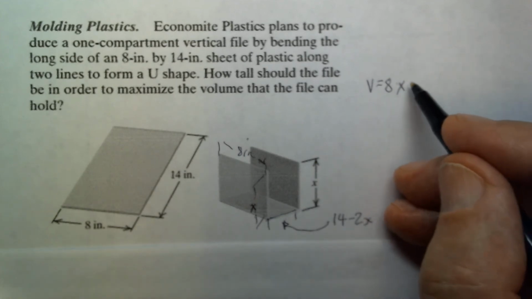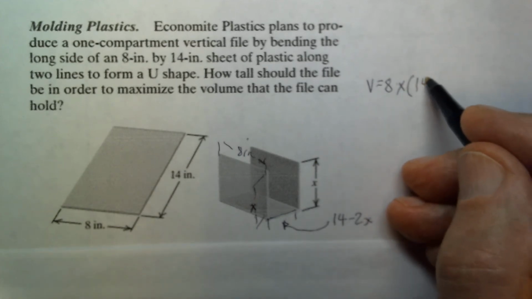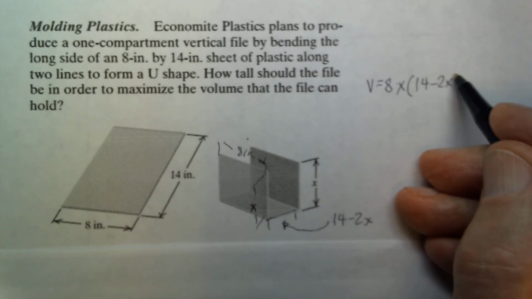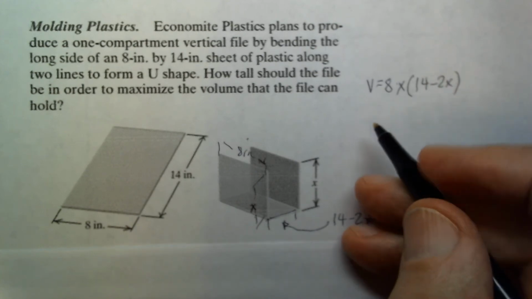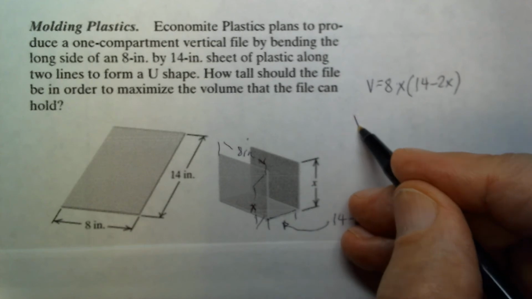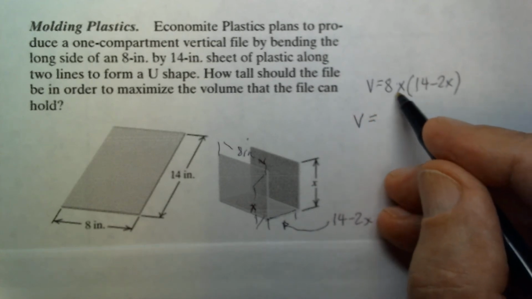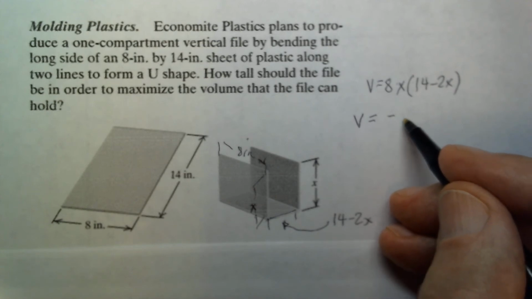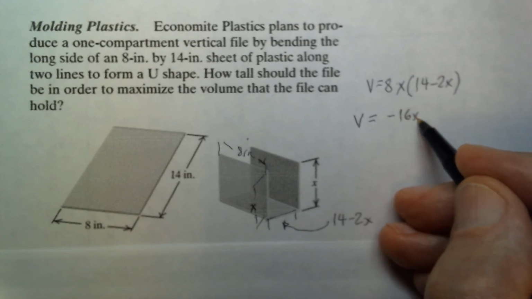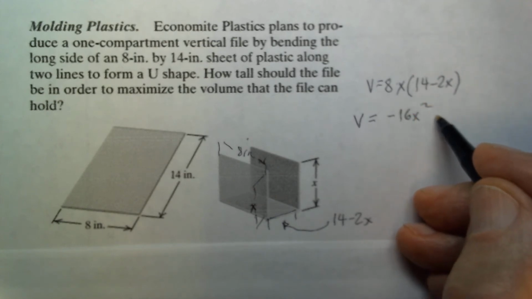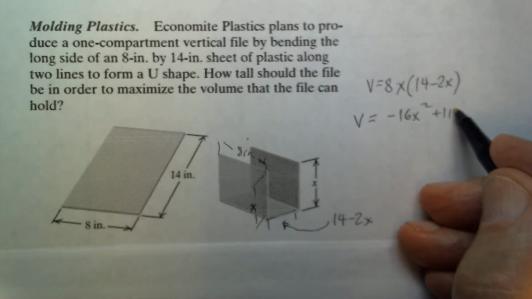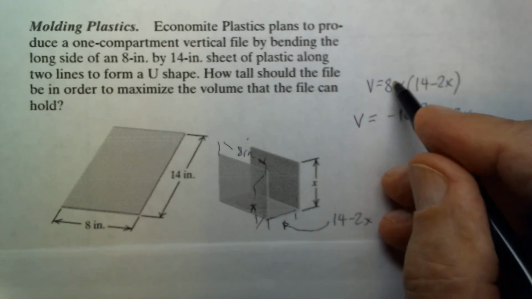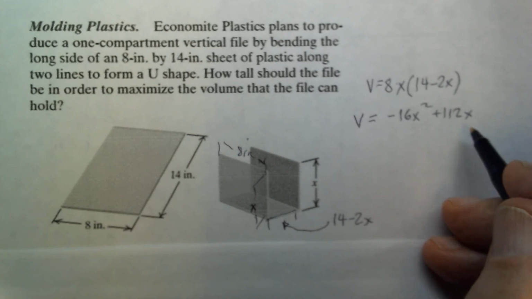And the width is 14 minus 2x. So that then is V equals 8x times minus 2x, which is -16x squared, plus 112x. 8x times 14 is 112x.